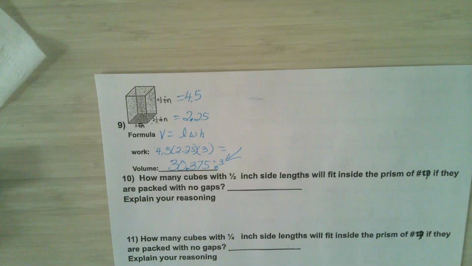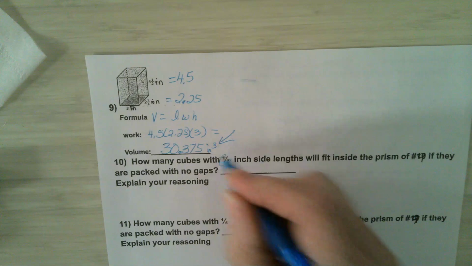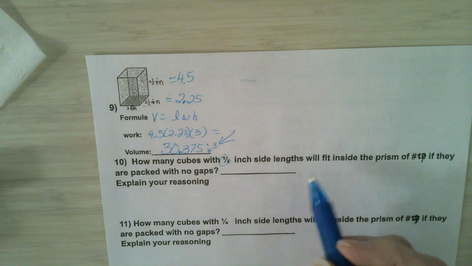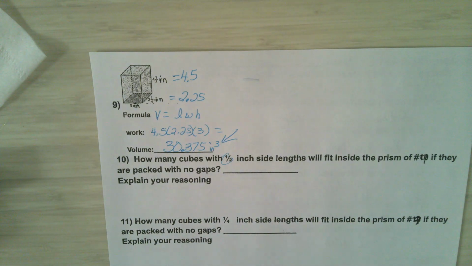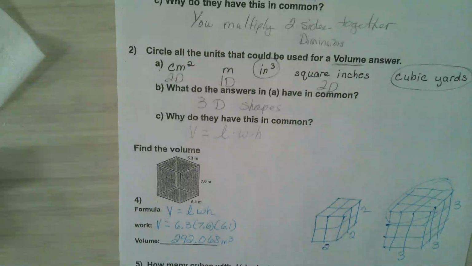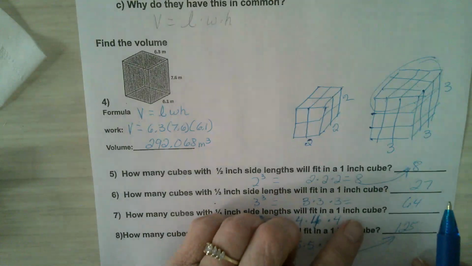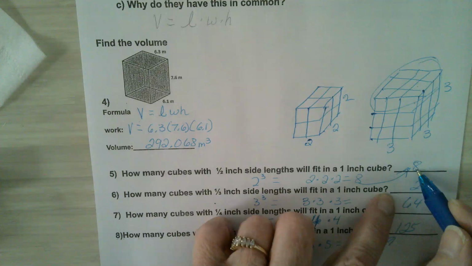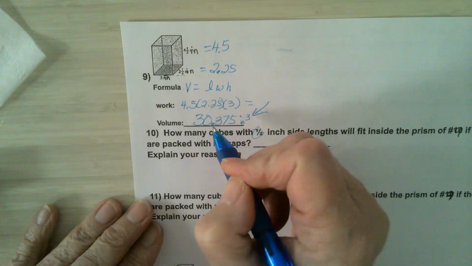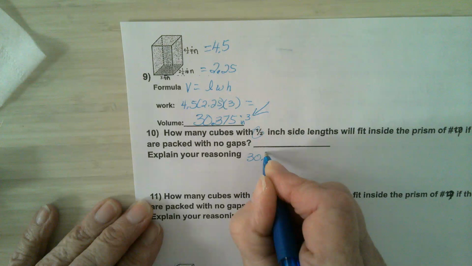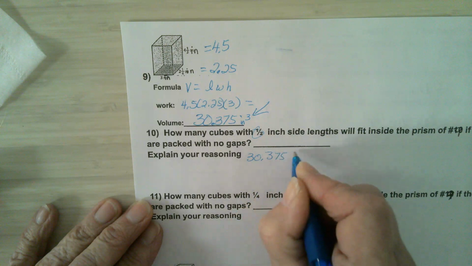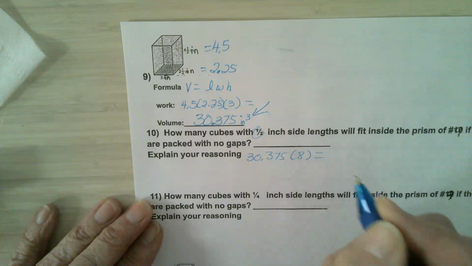Now, how many cubes 1/2 inch in length would fit in that? Okay, so let's go back. How many 1/2 inch cubes are in an inch? 8. So we're going to take your answer, 30.375 times 8.